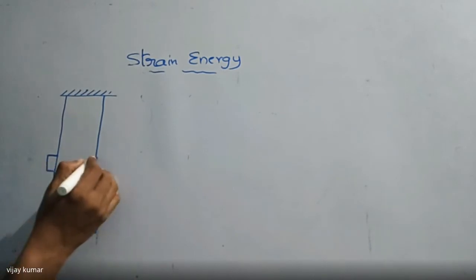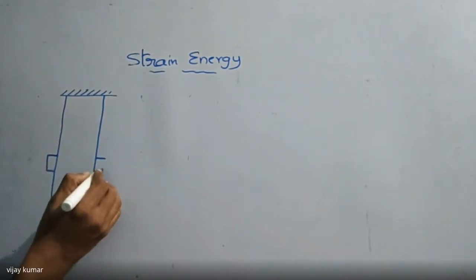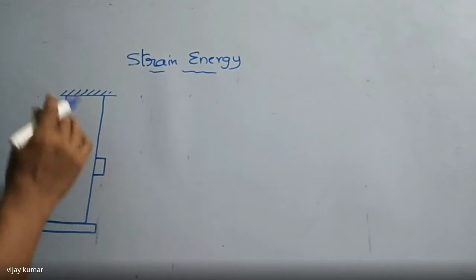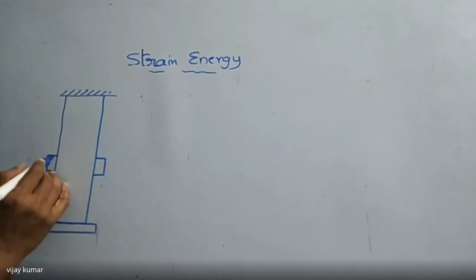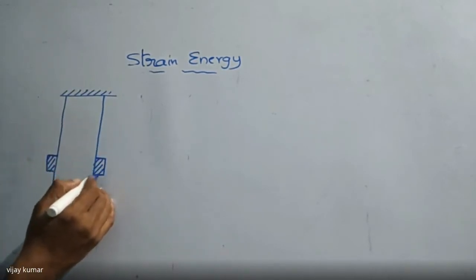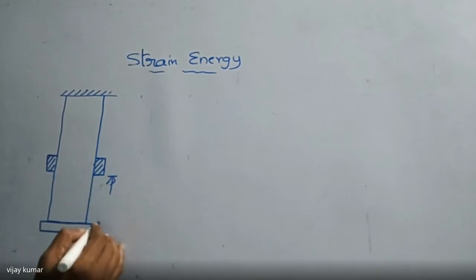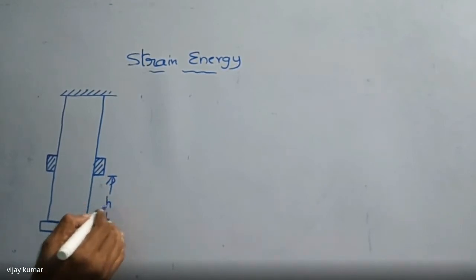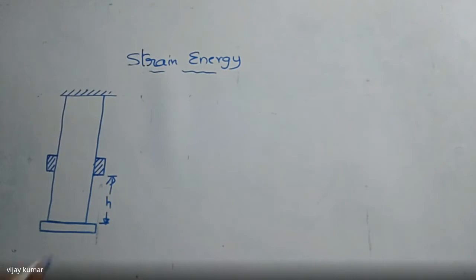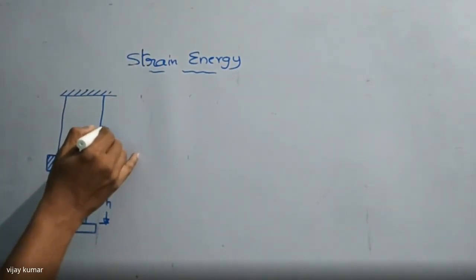Here we are taking the load, which is nothing but P, the external load. It slides on this bar, at a height of h from the bottom of the bar. This is the height h. It can slide in the upward and downward direction.